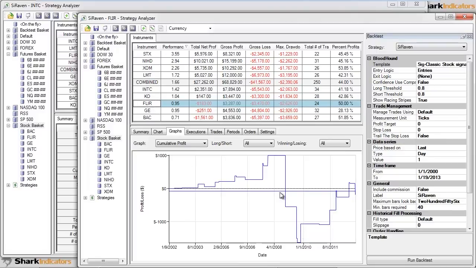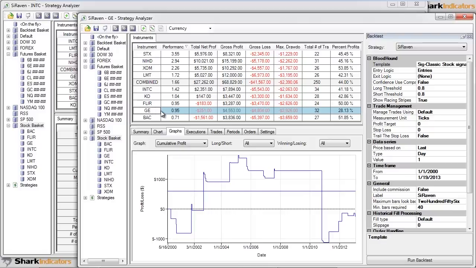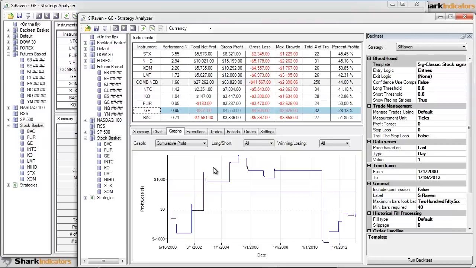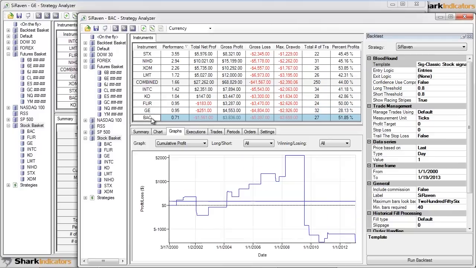Huge drawdown. GE still not doing very much. I don't remember back here, GE just wasn't doing very much. So maybe GE just isn't the right instrument you want to be trading with this system. And Bank of America is still not doing very good.